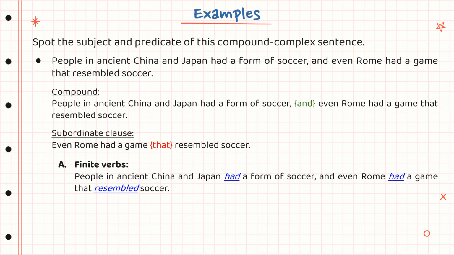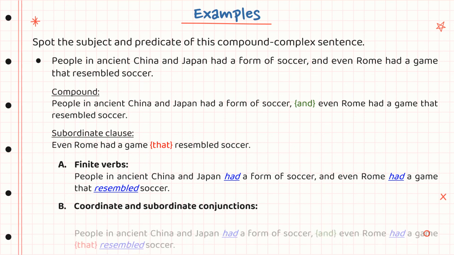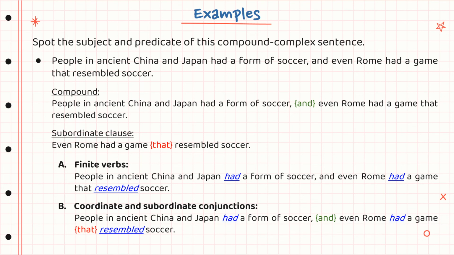And the third finite verb belongs to the dependent clause, which is "that resembles soccer." Thus, this sentence has a coordinate and a subordinate conjunction, which are "and" and "that."